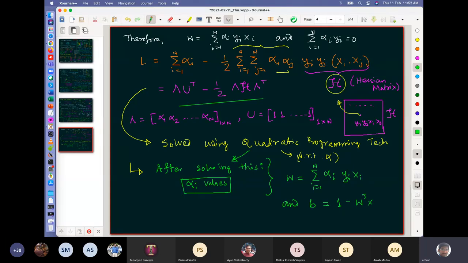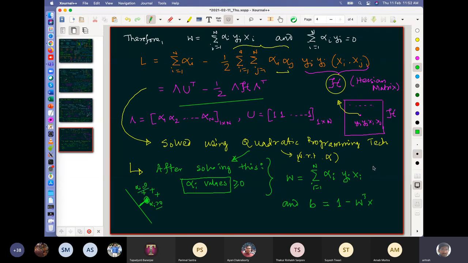We will get the values of alpha i which are greater than or equal to 0. And believe me, tomorrow I will give you more insights into it. All the points that are not contributing to the support have alpha i equal to 0, and alpha i will be greater than 0 only for the support. If some point is a support, only then is its alpha i greater than 0; the rest are equal to 0.